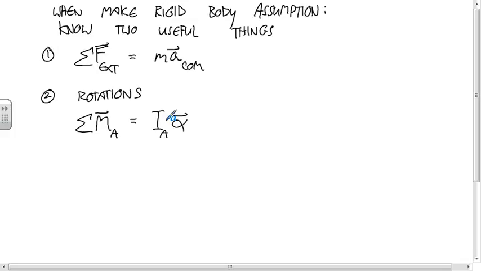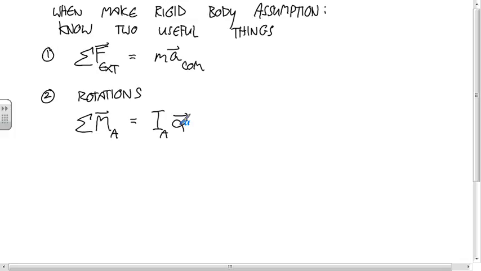Okay, so we saw this. This is just like what we knew in statics. We have Newton's second law, before we didn't have the right side, and we had the rotational equation, before we didn't have the right side. In statics, what about points could you choose for this relationship to hold? They had to be the same, that's all. But they could be any point, right? As long as A was equal to A. Well, this A wasn't here. It could be any point, right?